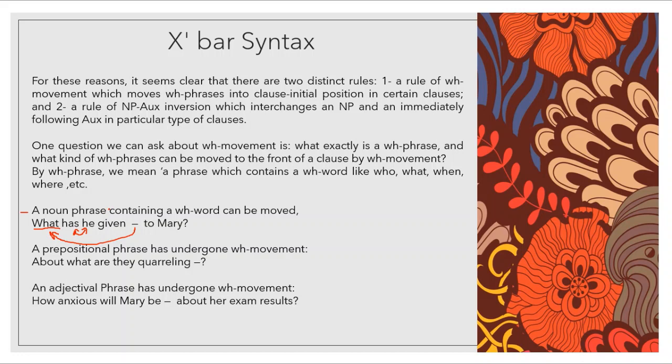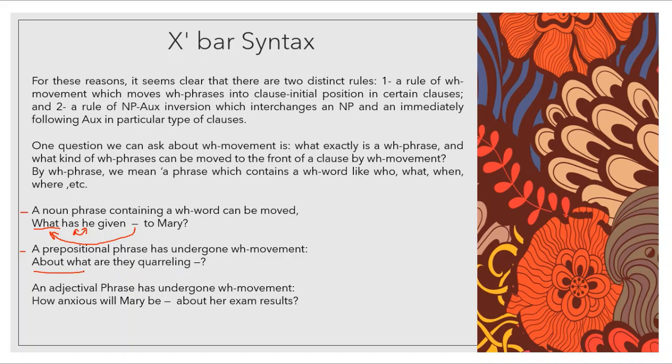So from this example we know that noun phrases can move from their original place and settle in the initial position of the clause. Second example is a prepositional phrase has undergone WH movement. For example, about what are they caroling?